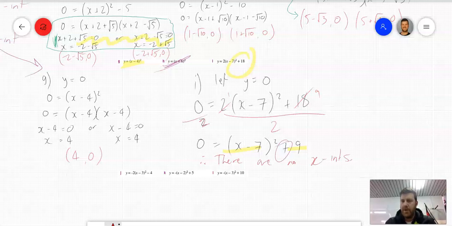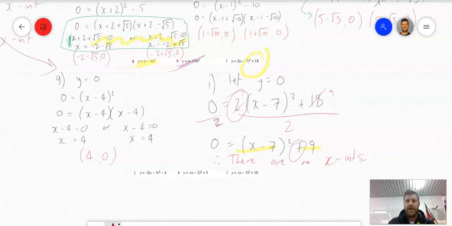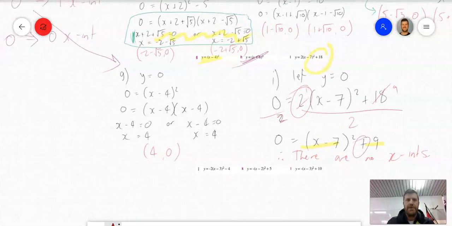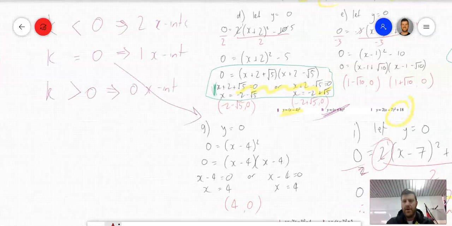Okay, when we get to the point here that we've removed this value of a, well, not removed it, but we've made it 1, and we've still got 2 terms separated, this time by a plus sign, there are no x-intercepts. Okay, so they're the 3 different permutations of the turning point form.